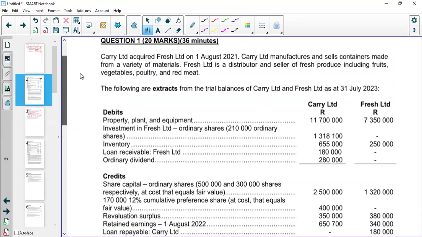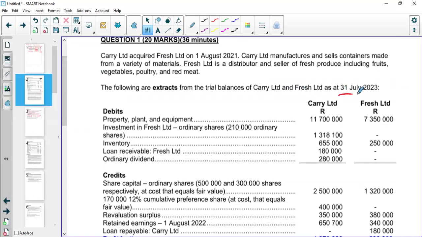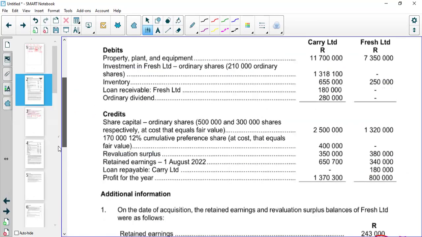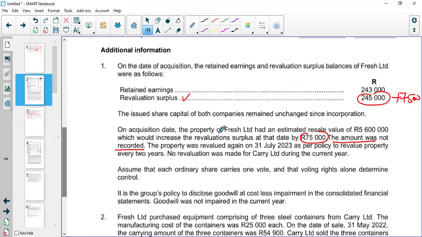just see the dates. It's 31 July 2023. All right. So when we revalue again, remember that now the subsidiary is going to record it. But from a group perspective, the carrying amount of the revaluation surplus is 245 plus 75. However, from the subsidiary perspective, they're revaluing from 245.